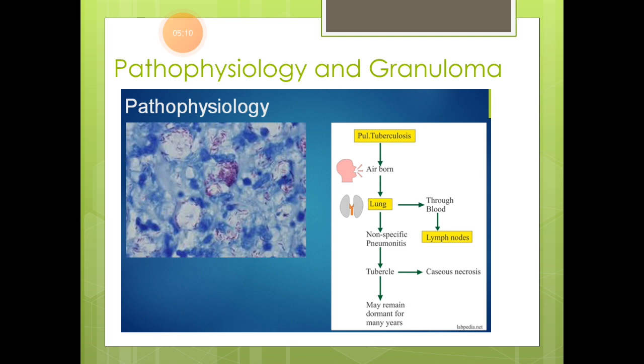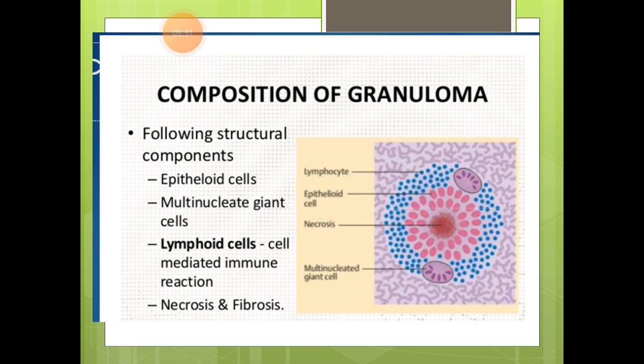First it affects the lung, and then it disseminates to blood, and then to lymph nodes, and likewise the dissemination happens, and you have to read around it, and be thorough about the pathophysiology of TB for the selection exam. And then you should know the structure of the granuloma.